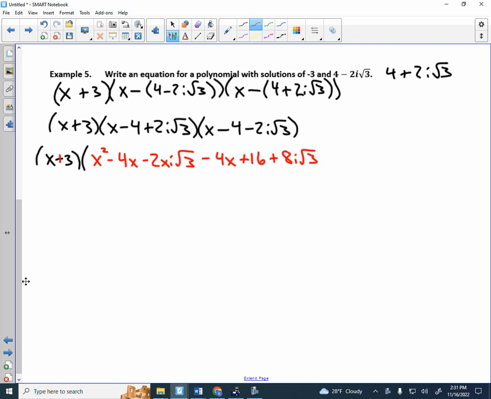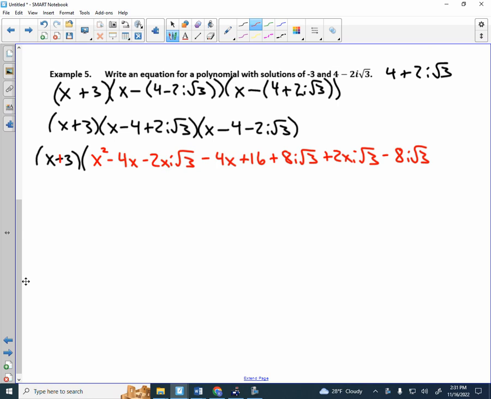And then the last one, 2i roots of 3 times x is going to be 2xi roots of 3. And 2i roots of 3 times negative 4 is negative 8i roots of 3. And that last one, boy, we better be careful with this last one, huh?